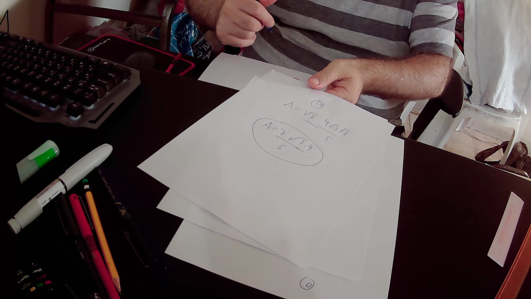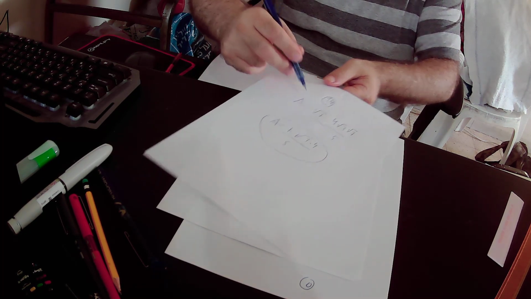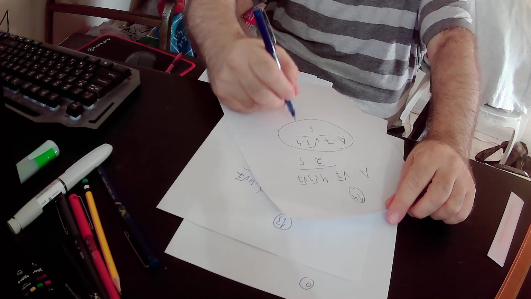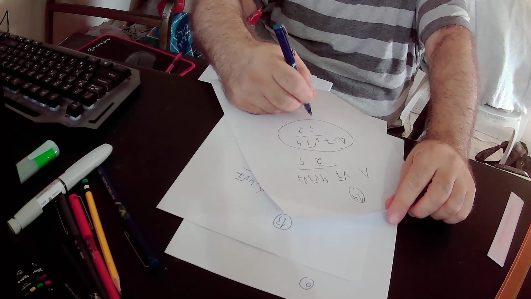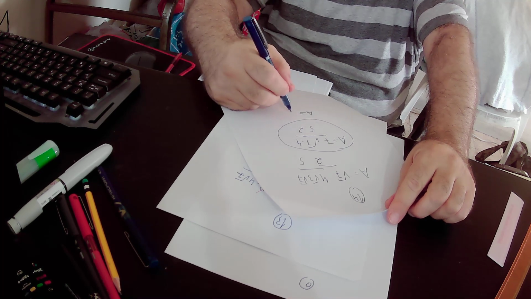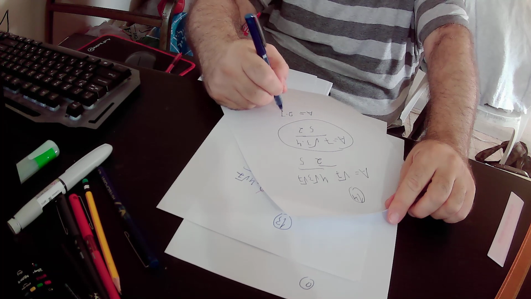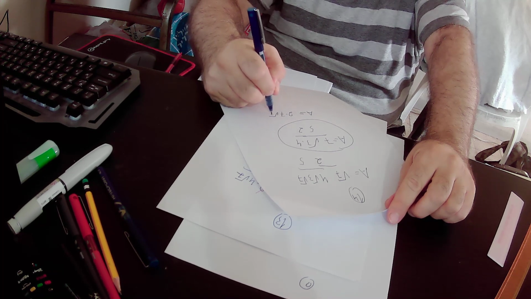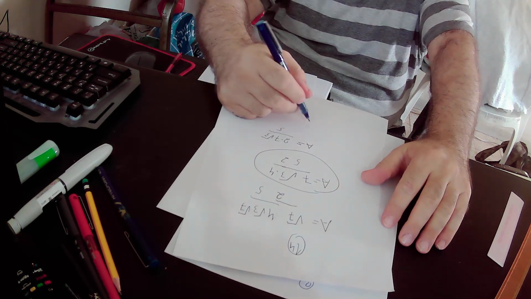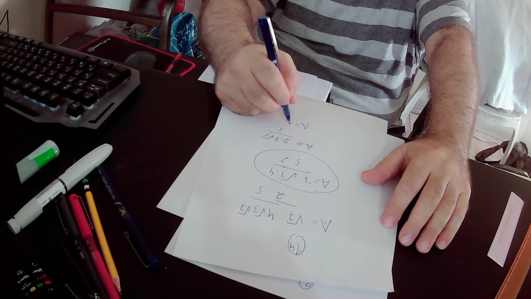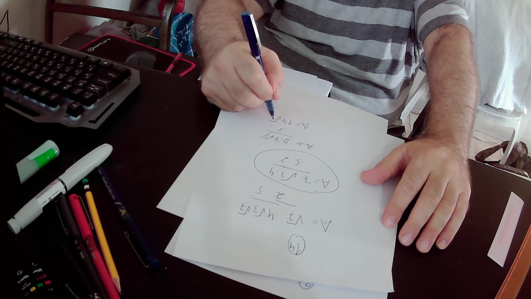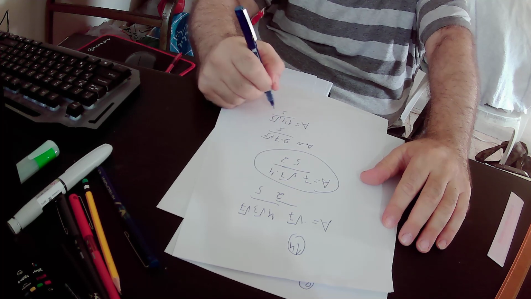So after I divide this equality by 2, we get that the area of the green triangle will be equal to 2 times 7 times root of 3 over 5 square units, or the area of the triangle equals 14 times root of 3 over 5 square units.